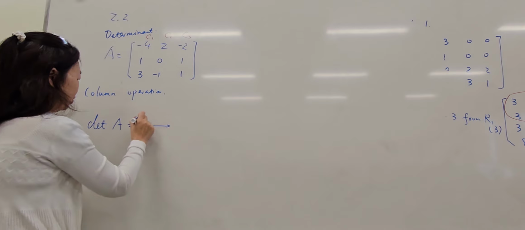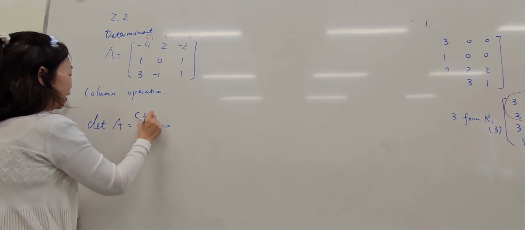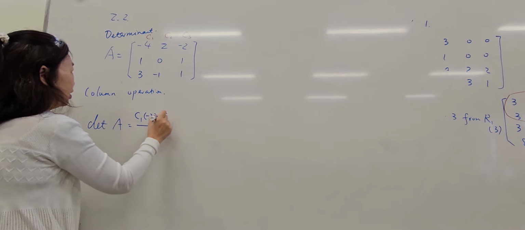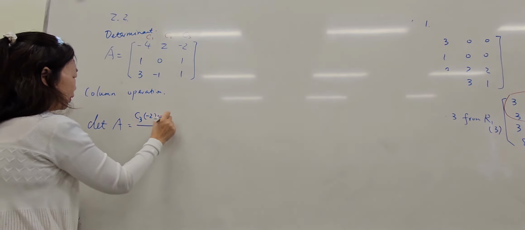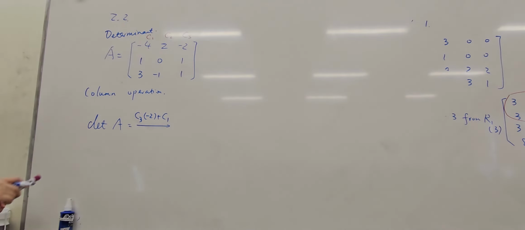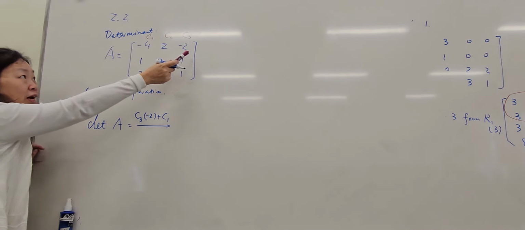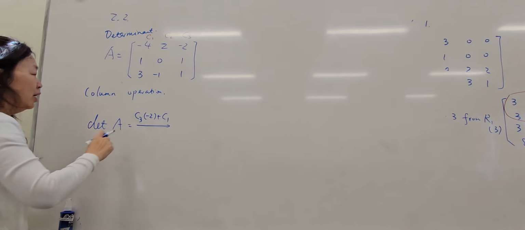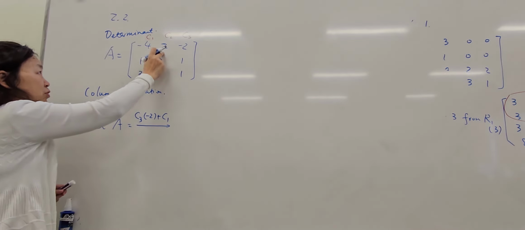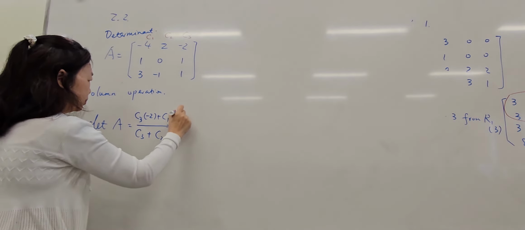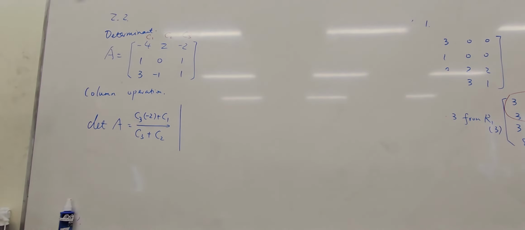So I'm going to do column 3 times by -2 plus column 1. Column 3 times by -2 add to column 1, okay? And then column 3 add to column 2. It's a determinant, so don't write matrix, okay?